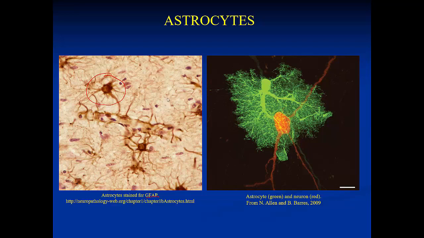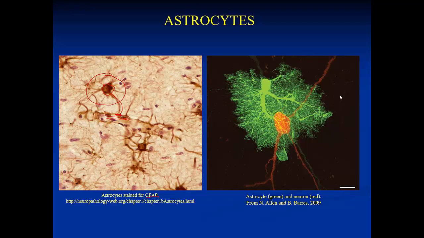Now, neurons don't stain because they don't have GFAP. One of the things you can see here, this is a blood vessel. Okay, so here you can actually see the astrocyte cell body sending a process to surround the blood vessel. And I'll talk about that in a minute when I talk about the blood-brain barrier. Astrocytes provide some of the structure that makes up the blood-brain barrier.